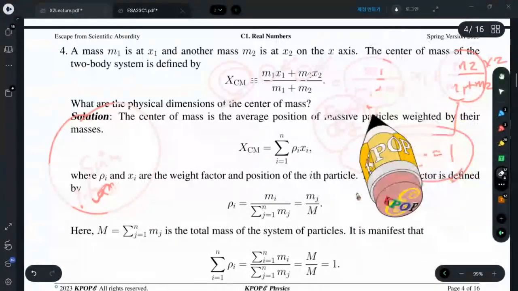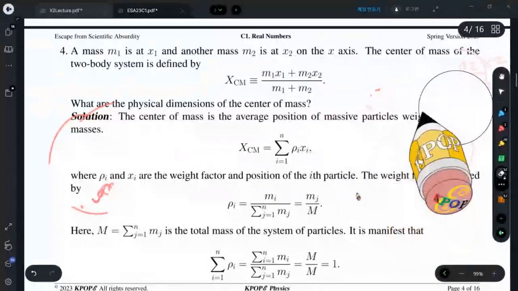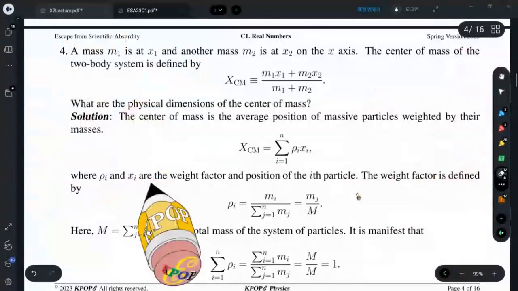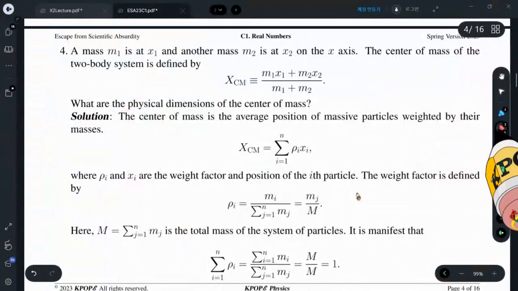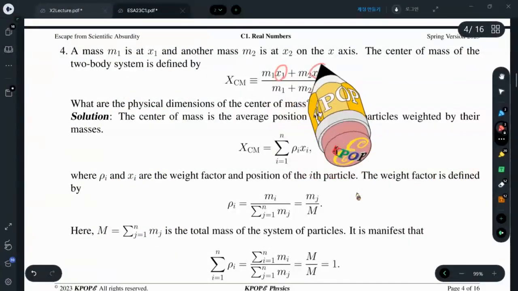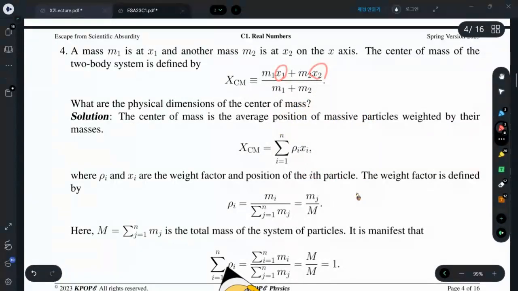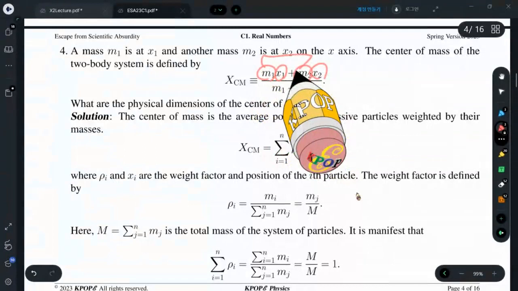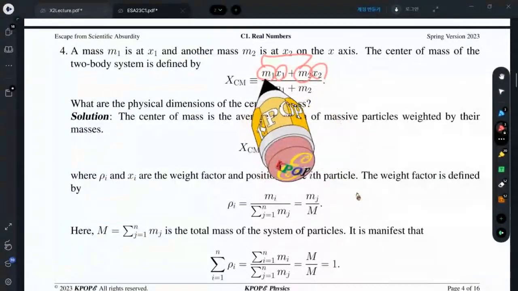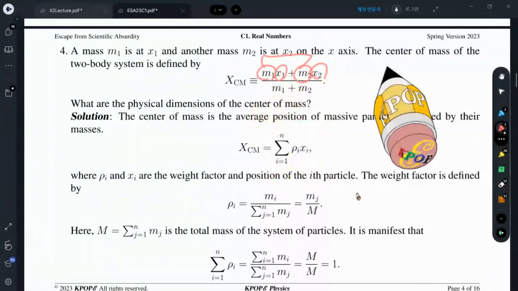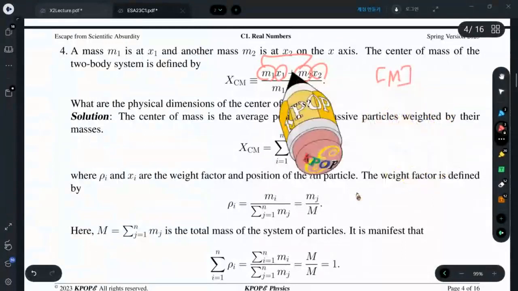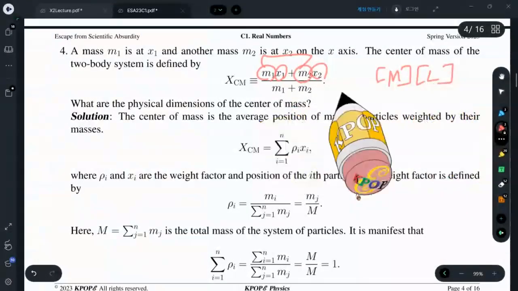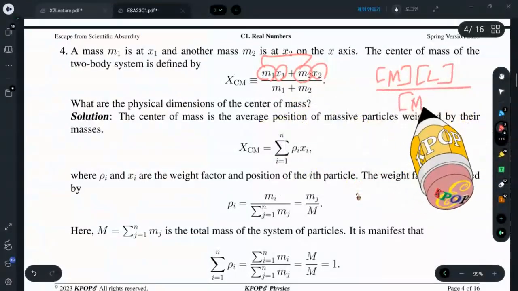In the computation of the center of mass, let's forget about everything and return to the dimensions. This one has a dimension of length, and this one has dimensions of mass. The numerator has mass and length, and in the denominator we have mass.